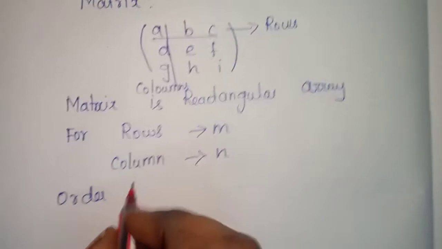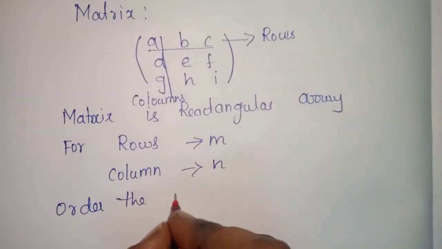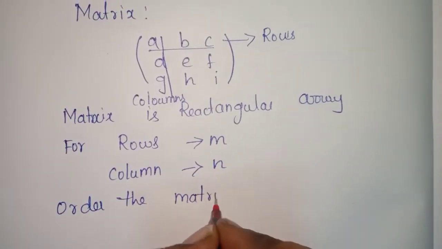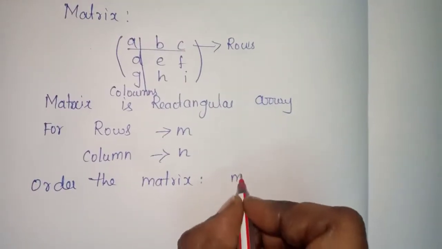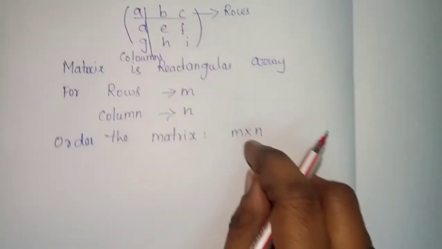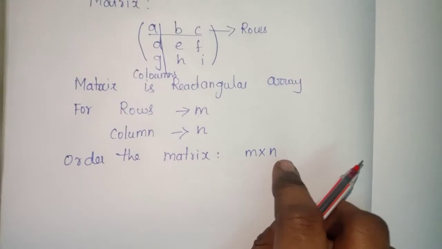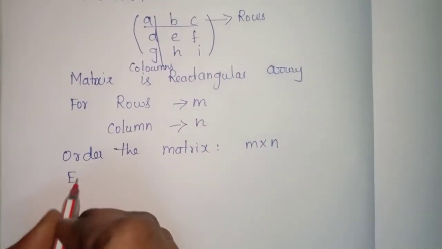Next, we are going to see the order of the matrix. The order can be expressed in terms of m cross n. M is the row, n is the column.